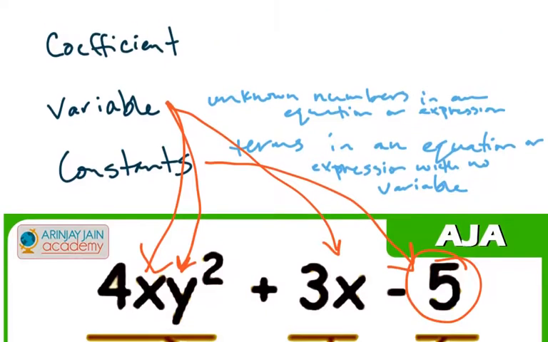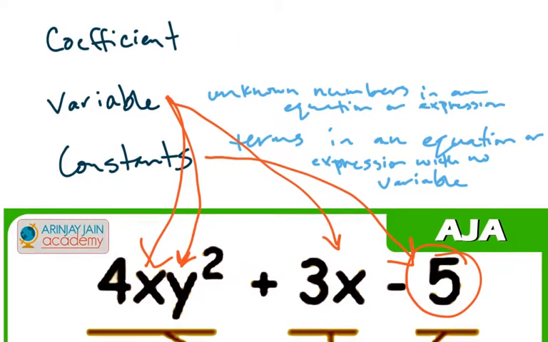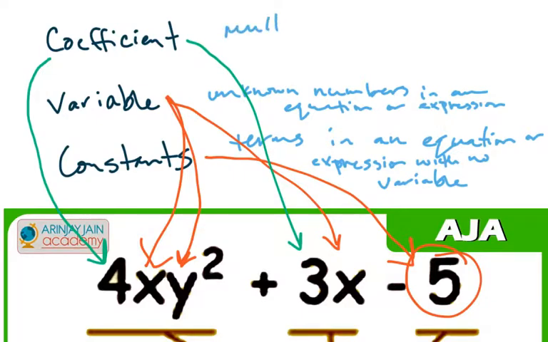And then let's talk about coefficients. So 4 is a coefficient here. 3 is a coefficient here. 5 is not a coefficient. A coefficient is a multiplier of a variable.